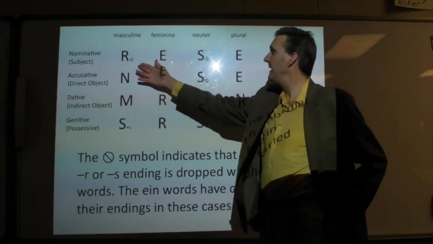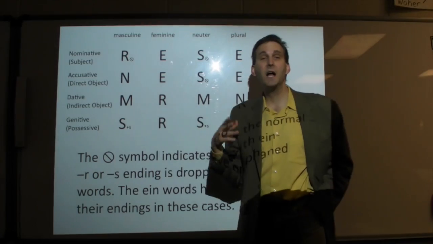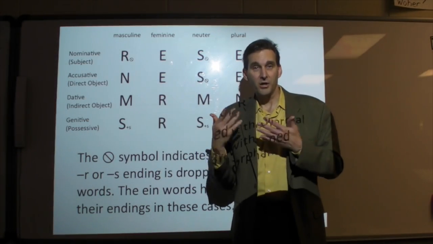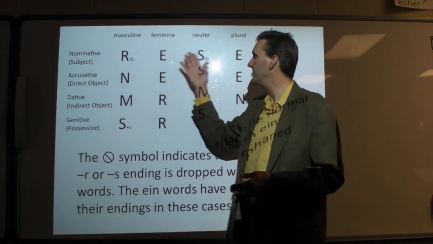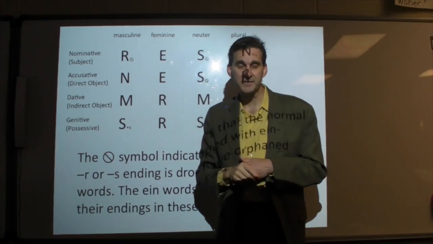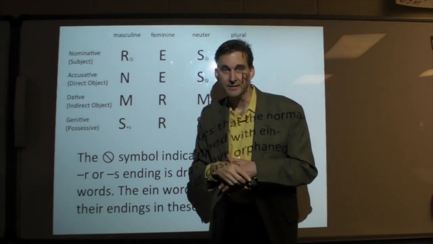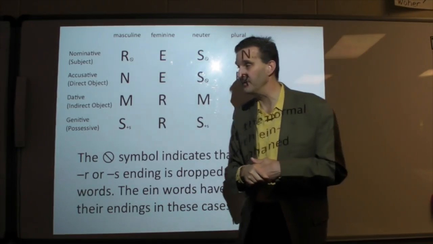So, the basic idea of this is we've been learning how when you have an article, it has to end with these various letters, the R, the N, the E, the M, whatever it is in the sentence. It has to end with this particular letter in order for it to be correct in German.